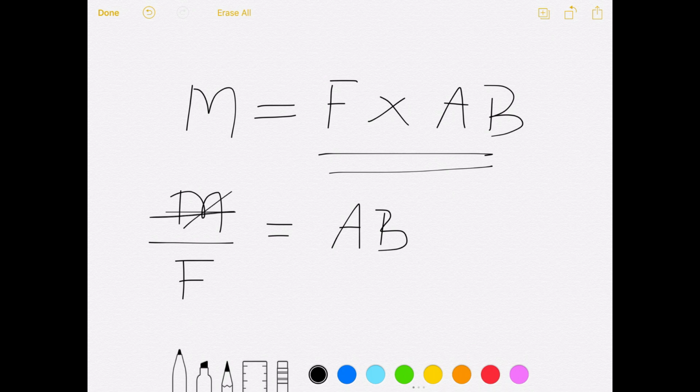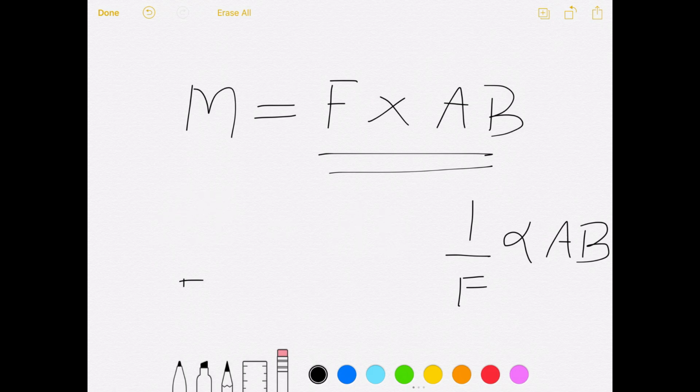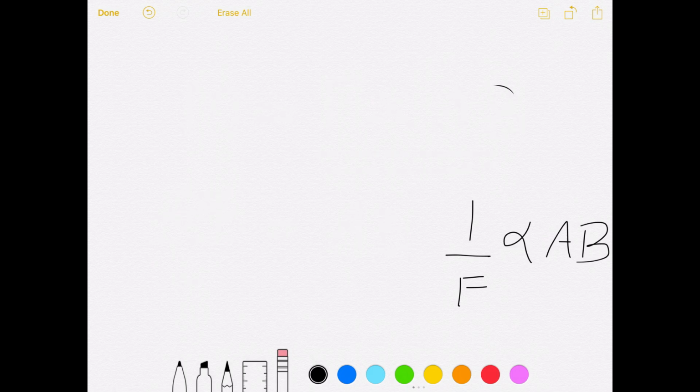If you take the moment as constant, we get 1 upon F equals AB, or we can say that 1 upon F is proportional to AB. So from this we can say that the force and the perpendicular distance between the pivot and the line of action of force are inversely proportional. If the distance increases, then you have to apply lesser force, and if the distance decreases, then you have to apply more force.